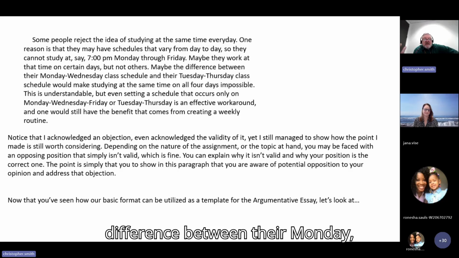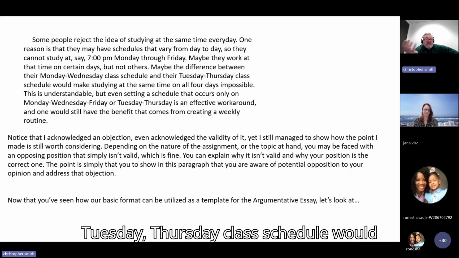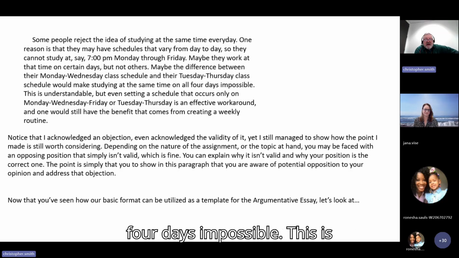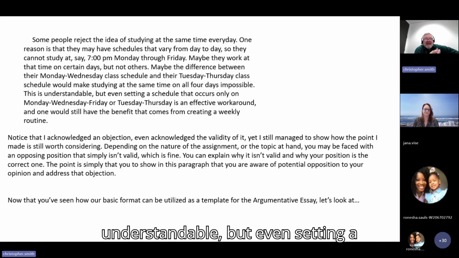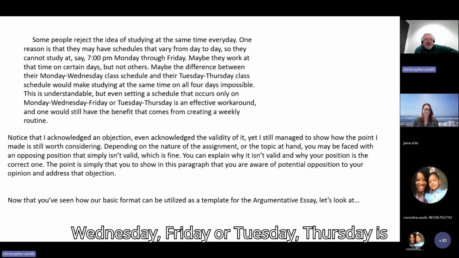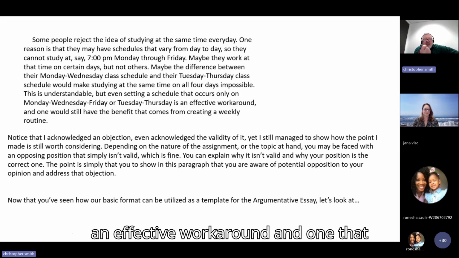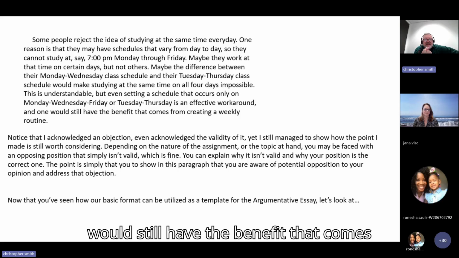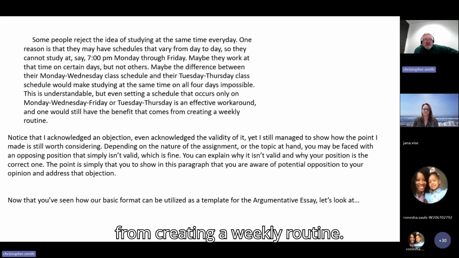Maybe the difference between their Monday, Wednesday class schedule and their Tuesday, Thursday class schedule would make studying at the same time on all 4 days impossible. This is understandable, but even setting a schedule that occurs only on Monday, Wednesday, Friday, or Tuesday, Thursday is an effective workaround and one that would still have the benefit that comes from creating a weekly routine.